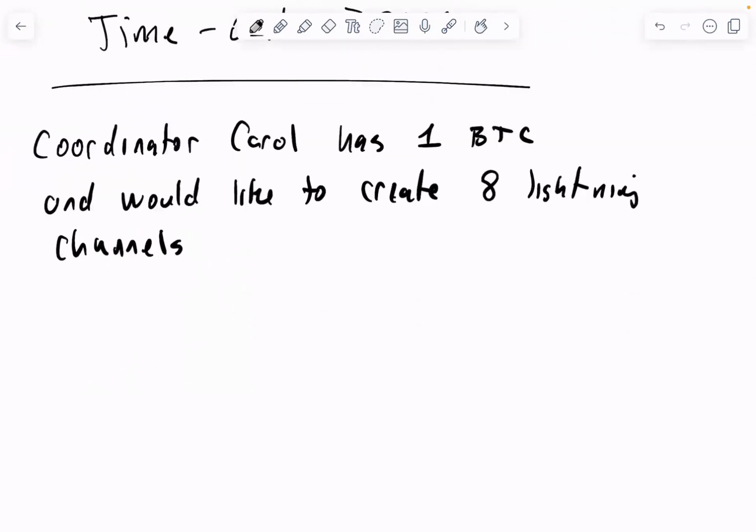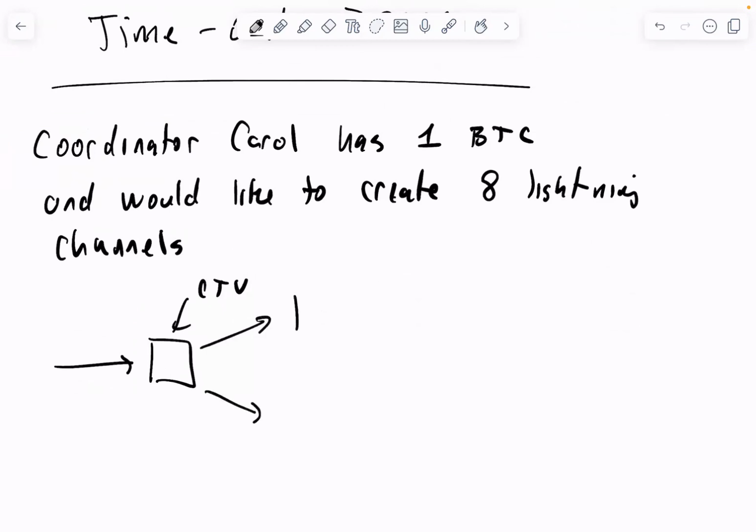But what CTV allows you to do is, Carol has this UTXO, so you take the original funding UTXO, and it goes to this. Now, this is going to be a CTV transaction. And so this CTV can only be unlocked if you have the correct hash.